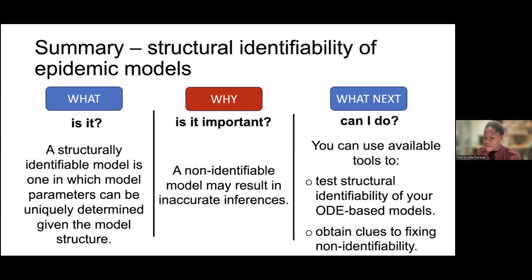Okay, so I'll take this and Gemma, if you want to add. In Gemma's second example of the manifestations of non-identifiability, we didn't go into what type of identifiability that was, but that was structural non-identifiability.